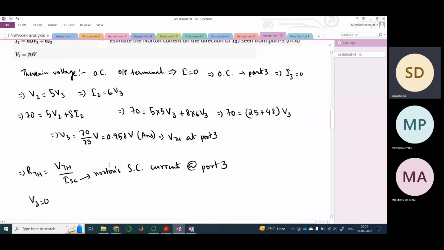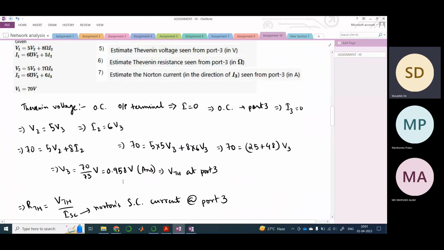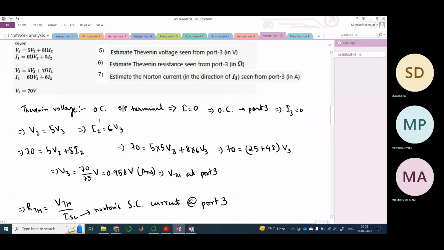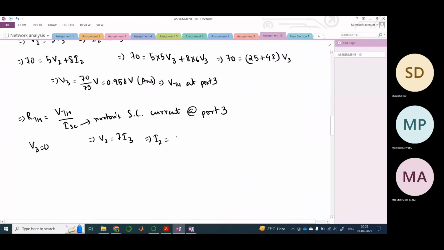So V2 would be 7I3 and I2 would be 6I3, right?